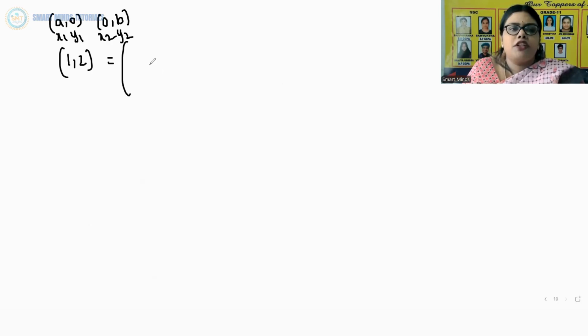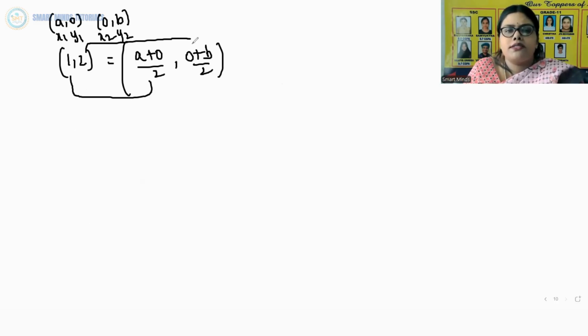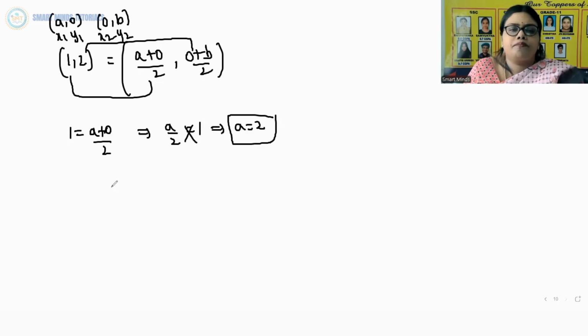Now you substitute in the midpoint formula, you will get a plus 0 by 2, 0 plus b by 2. If we equate x-coordinates and y-coordinates, we will get 1 is equal to a plus 0 by 2. So that is a by 2 is equal to 1. Cross multiply, we will get a is equal to 2.